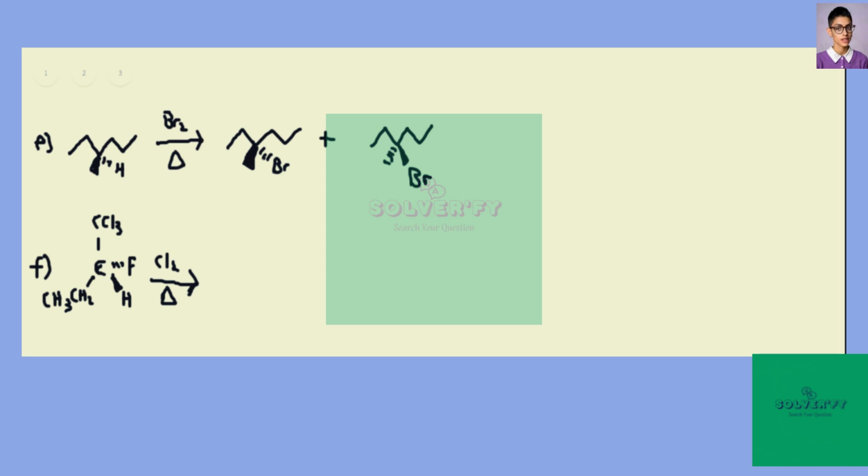And then for F, we're going to have 5 potential products here.